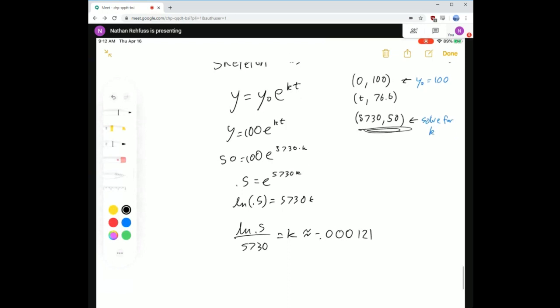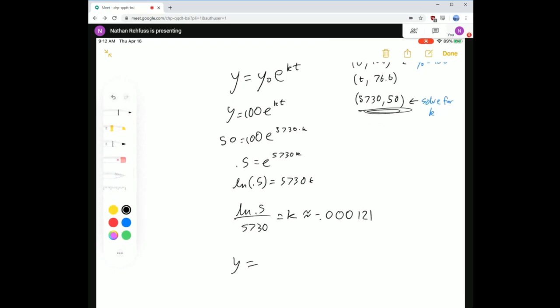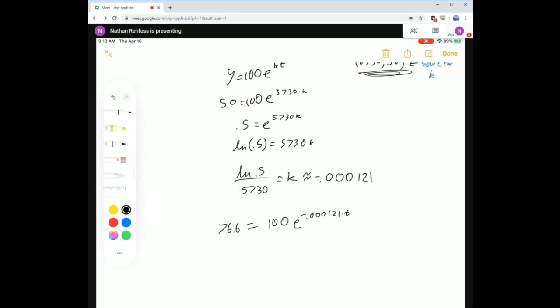And now I'm ready to use this 76.6 number. I say y equals initial value 100. Oh, and I know why. y is 76.6 equals 100 e to the negative 0.000121 t, however long it's been. Would you look at that? It's time for the same three steps. I divide by 100.